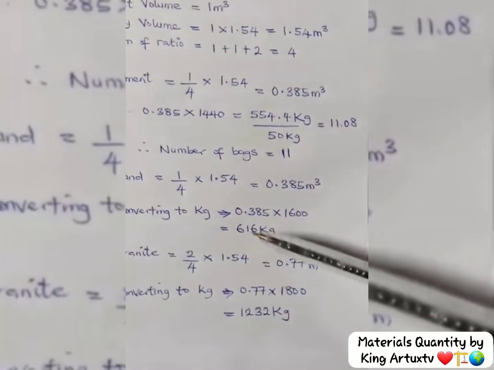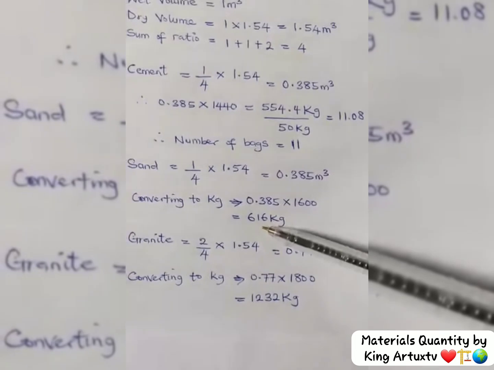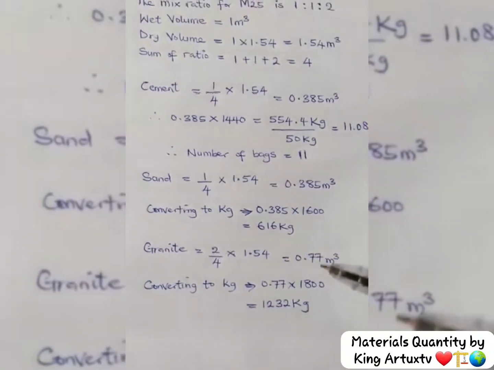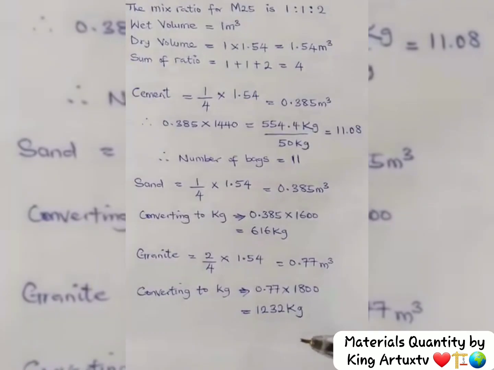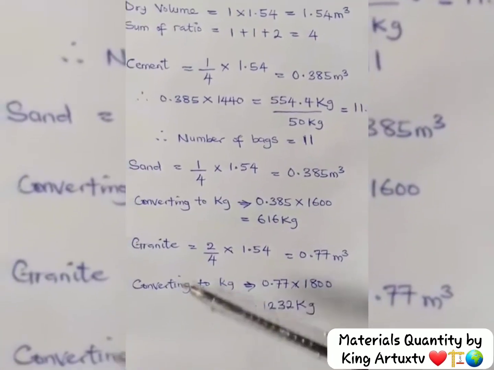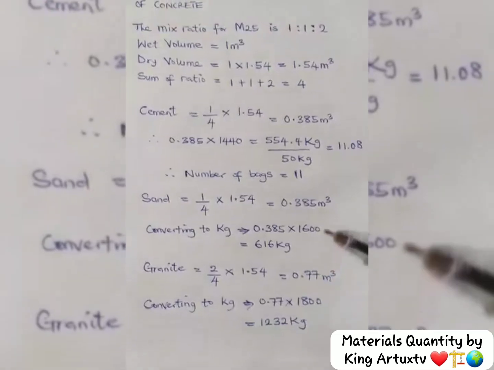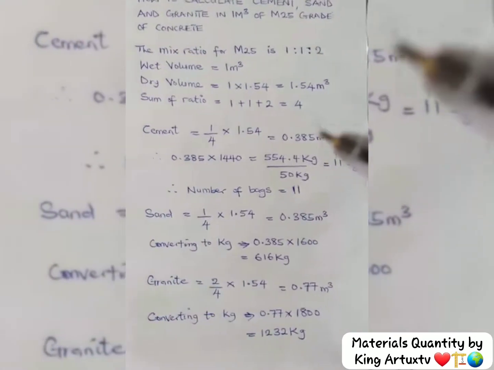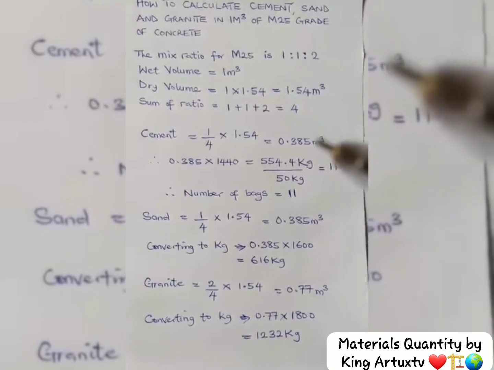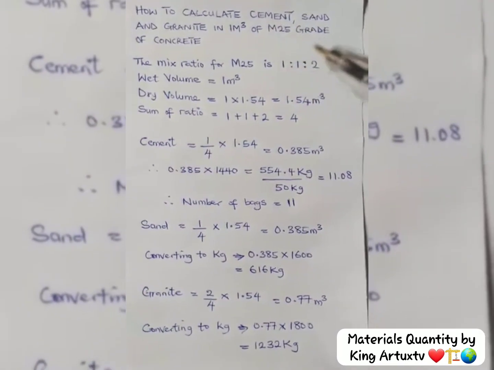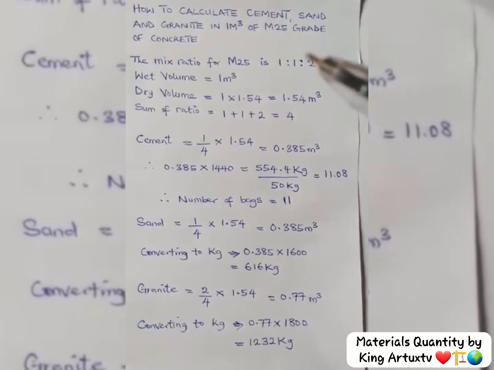Then you multiply by this to get the weight of sand for that specified quantity. You also multiply it by this to get the granite. So this is how you're expected to go about calculating the quantity of cement, sand, and granite in 1 cubic meter for grade 25 concrete.